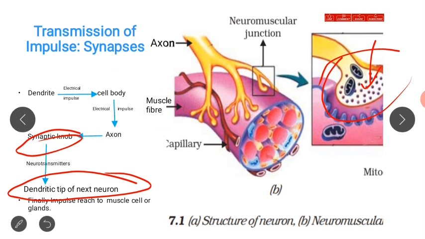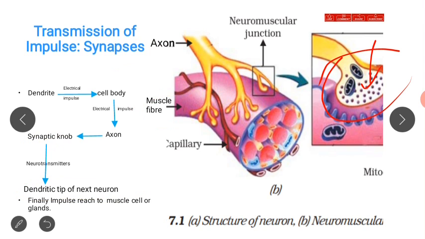Finally, this information is sent to the muscle cell or gland, where the muscle contracts and movement occurs, or the glands secrete different hormones or enzymes.